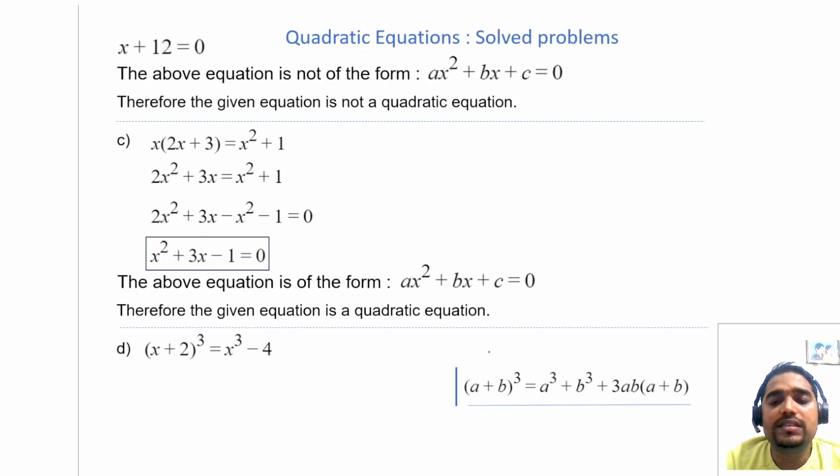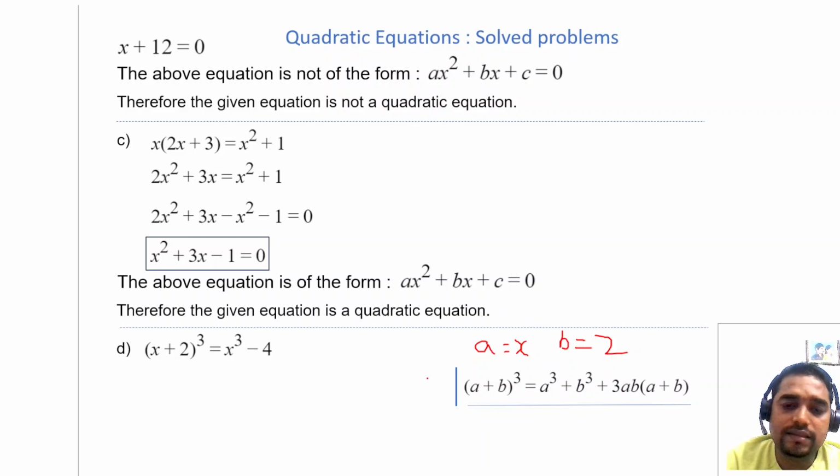So wherever there is a, there is x. Wherever there is a in the formula, we will have to substitute x, and wherever there is b in the formula, we have to substitute 2. Why would we do this?